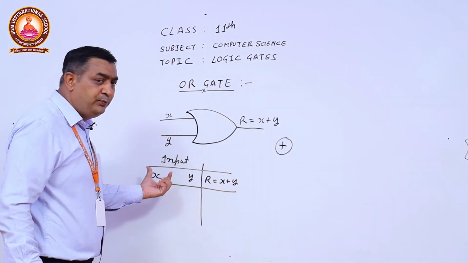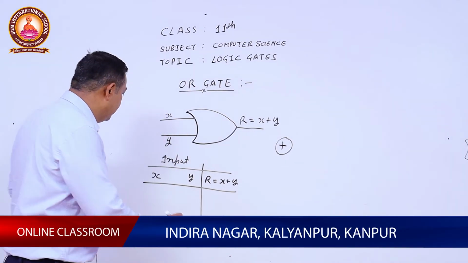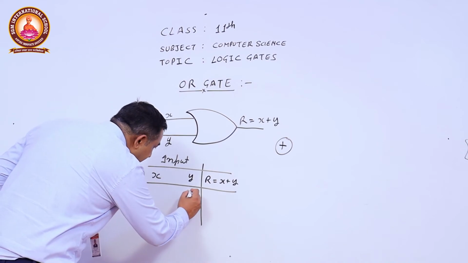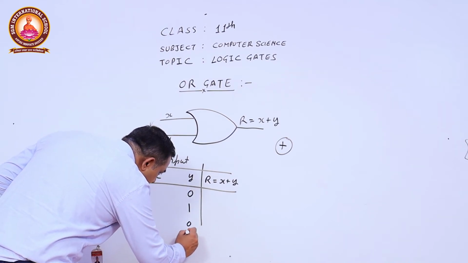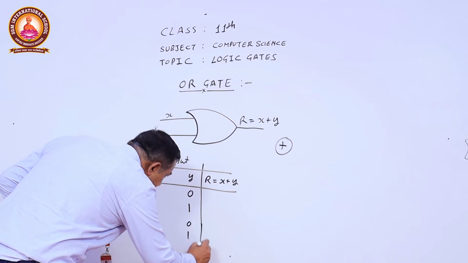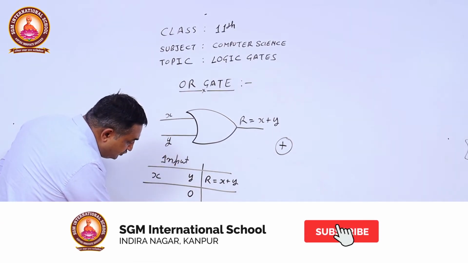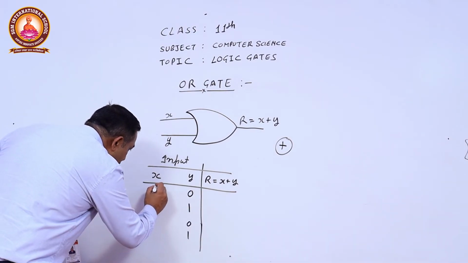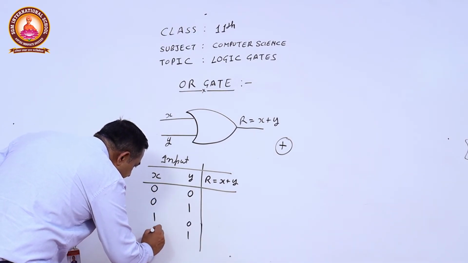There are two inputs, so the total combinations will be 4. Now how to make the combinations? Below x, we write 0, 0, 1, 1, and below y, 0, 1, 0, 1.